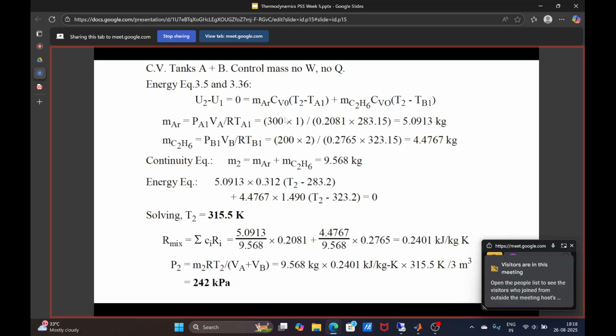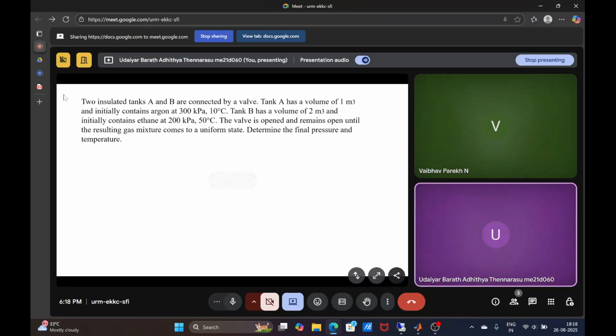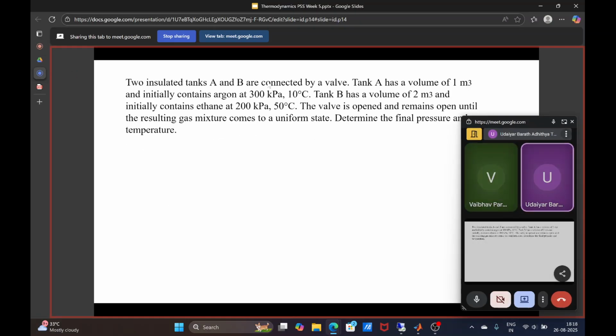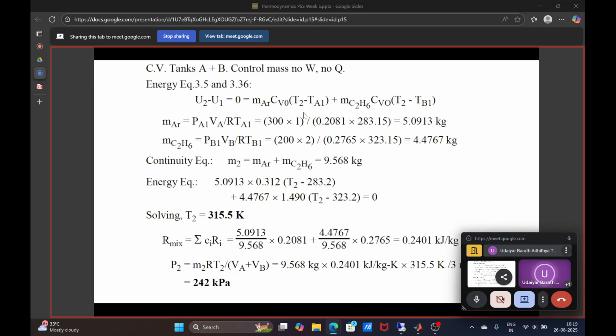First we need to find the mass of the individual gases. Tank A has a volume of 1 meter cube and tank B has a volume of 2 meter cube, and we know the pressures and temperatures. So using this we can find the masses.